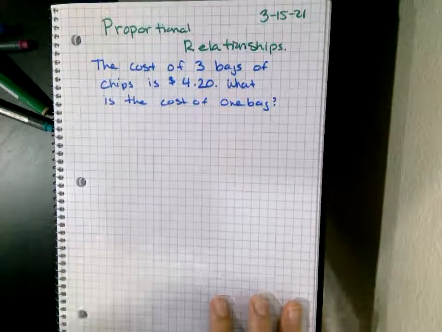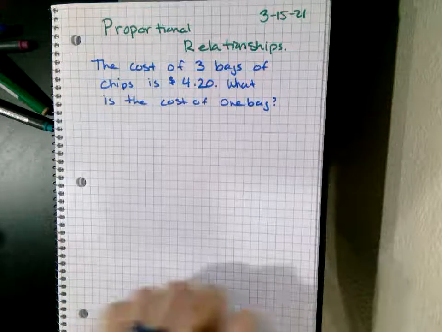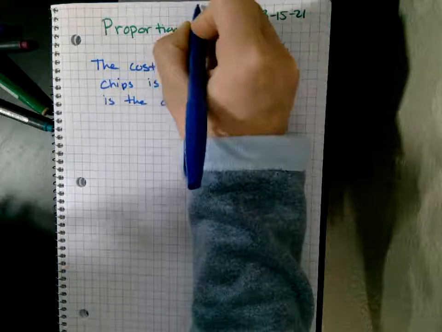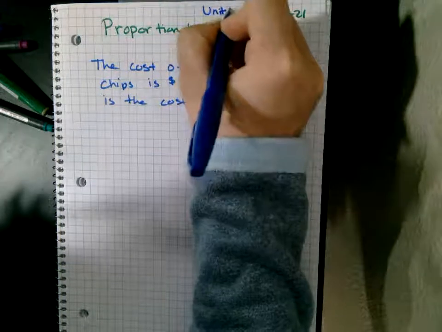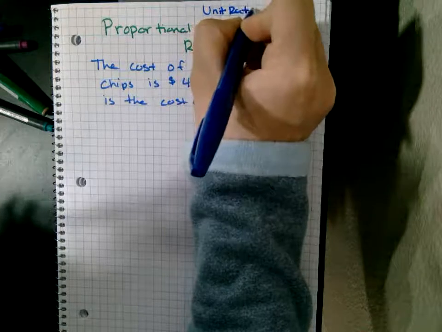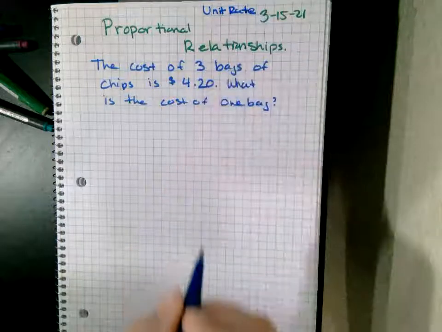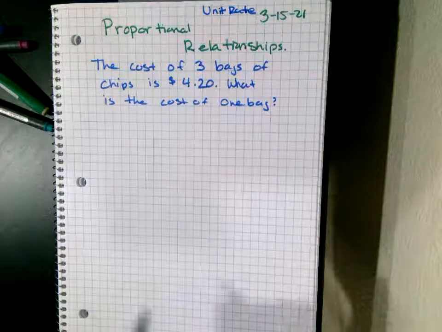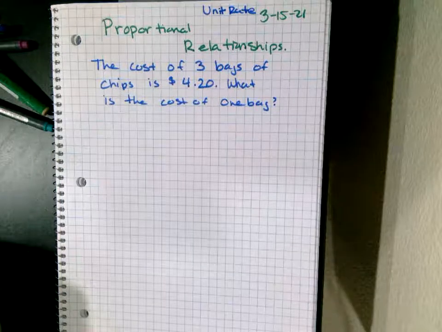Okay, so proportional relationships is basically what is also known as unit rate. Maybe I'll write that down. Unit rate. So the question will always kind of ask you, well, what does one cost?